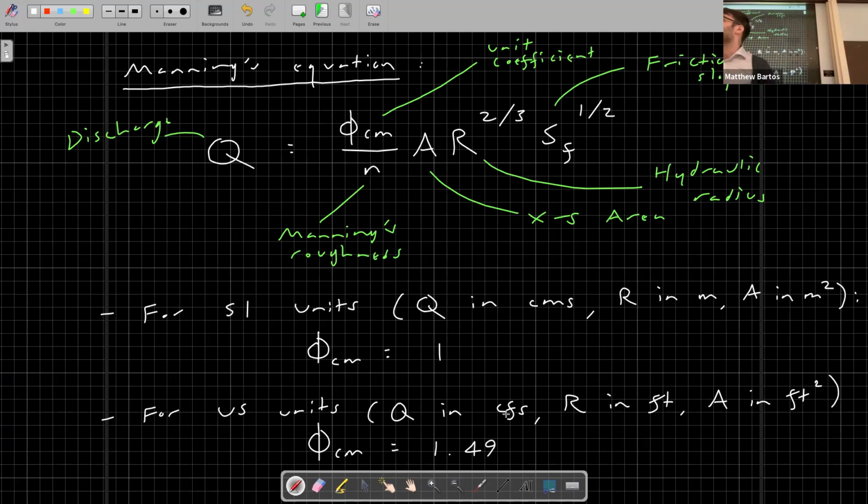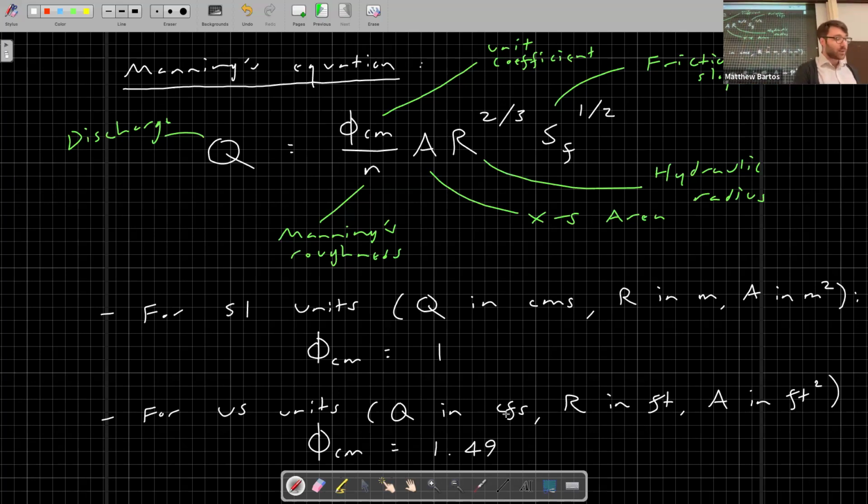So this coefficient phi will vary depending on which unit system you're using. If you use SI units, your discharge has to be in cubic meters per second, and the other dimensions have to be in meters or meters squared. Similarly, for US units, your discharge has to be in cubic feet per second. The other dimensions have to be in feet or feet squared. Other units will not work. So Manning's equation is widely used in open channel flow.